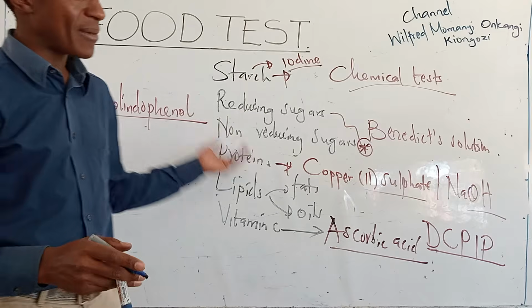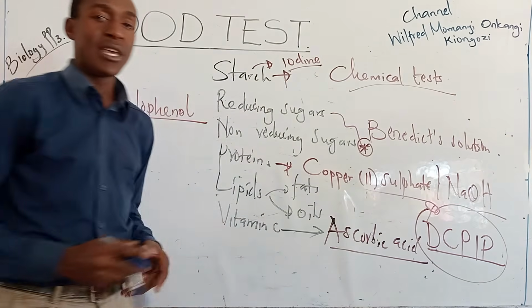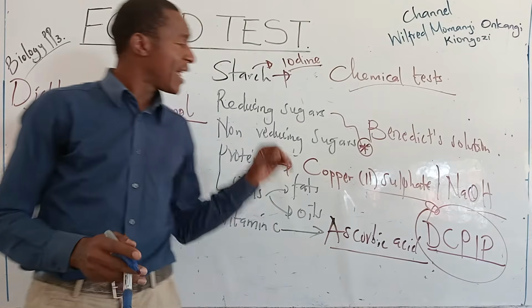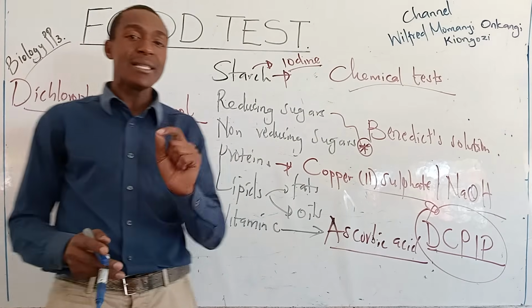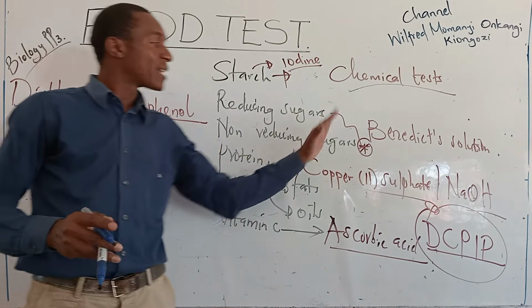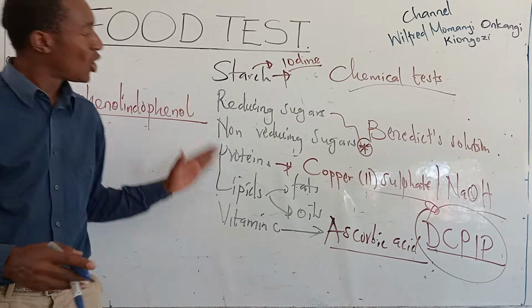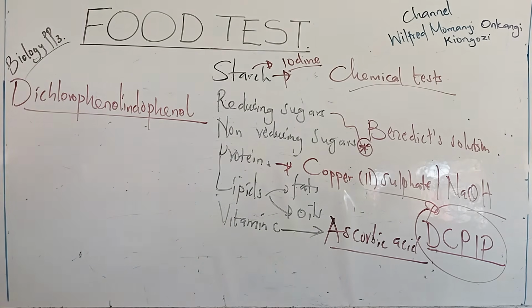And if you're not able to remember it, you can simply write DCPIP. I hope you will read and understand the importance of each and every food and how its deficiency in your body, you will suffer from some given conditions. So sit back and let us start with starch.